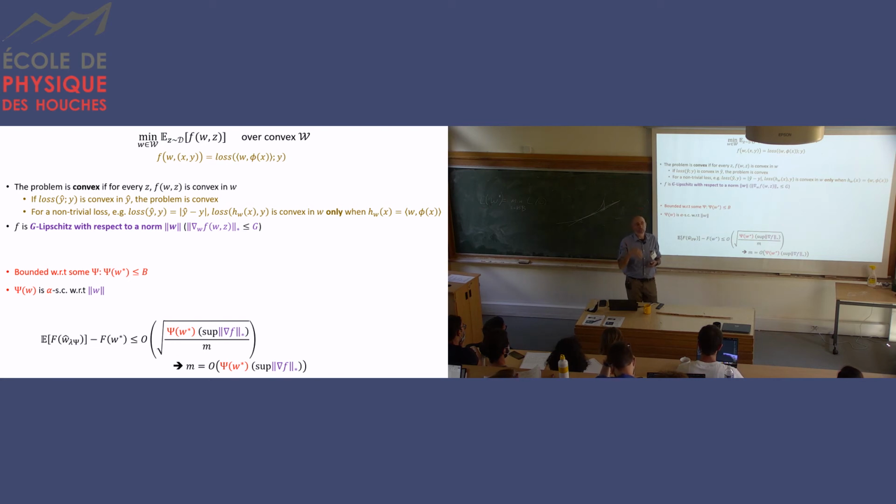If your loss is decreasing with h of W, then h of W has to be a concave function of W in order for the loss to be a convex function of W. So for the objective to be a convex function of W, the prediction h of W has to be both a convex function of W and a concave function of W. And the only option for it is to be a linear function of W.